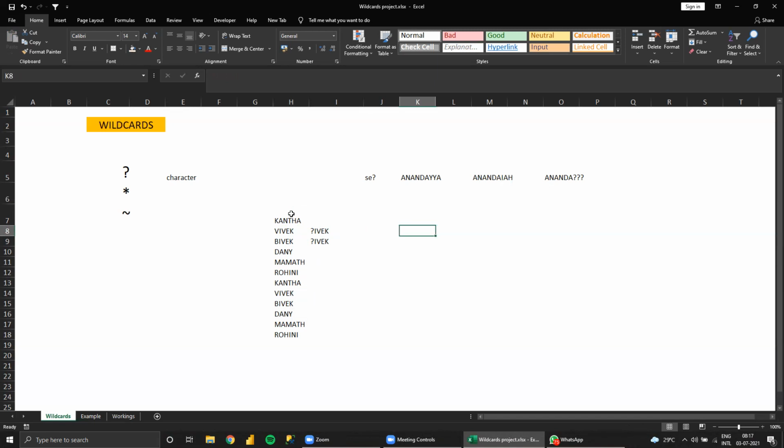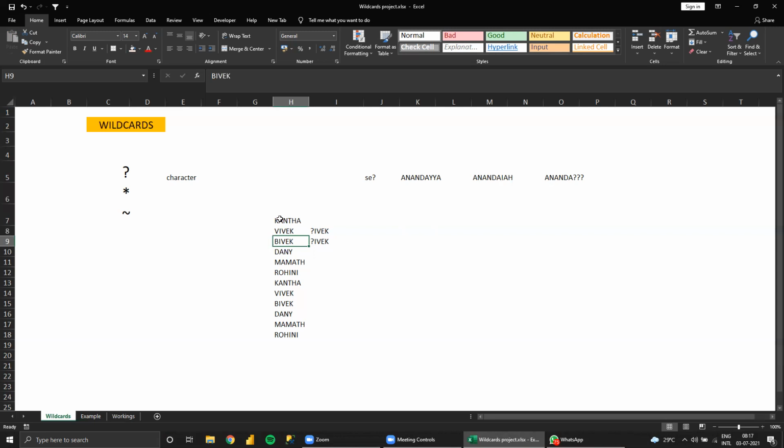The count for Vivek with both spellings is the same, but sometimes I write Vivek or Bivek. Now I need to see the count of Kanta, the count of Danny, all of that in the list. But two names are there and I need to consider only one name. The spelling mistake is in the first character, so we need a question mark in the first character in the formula.